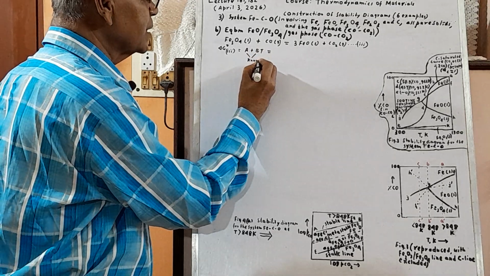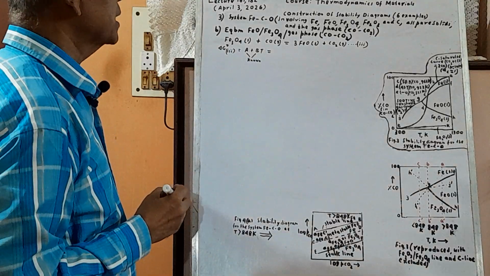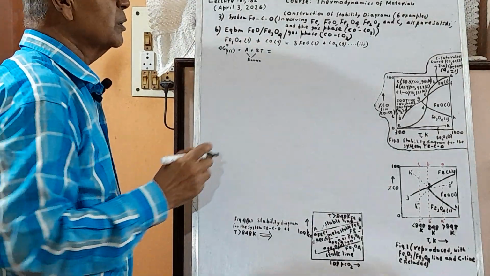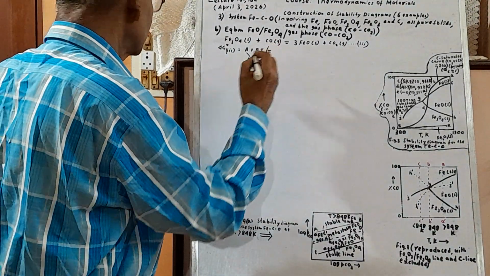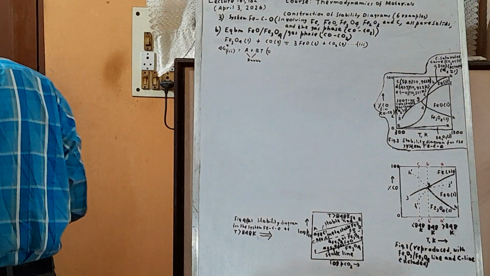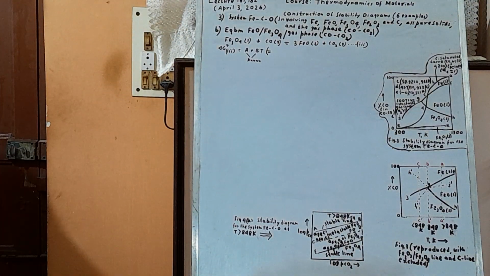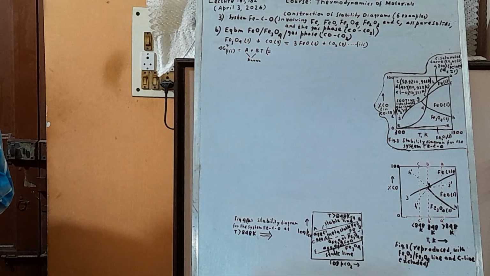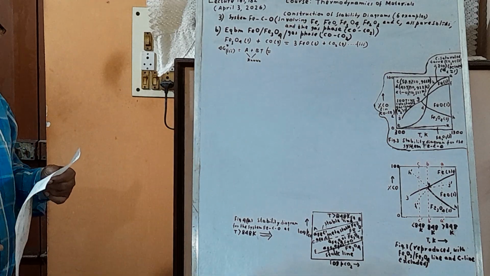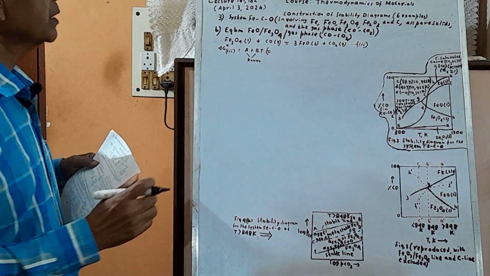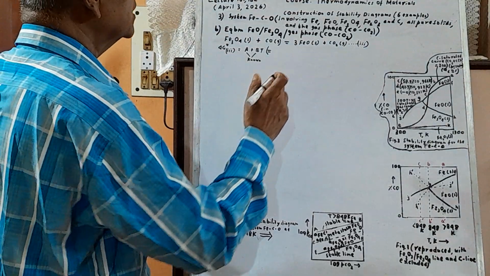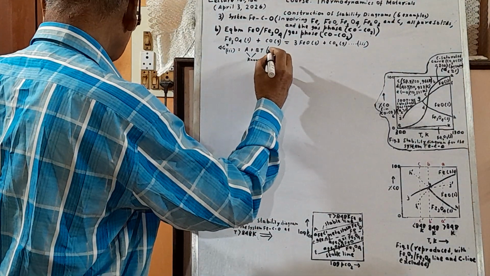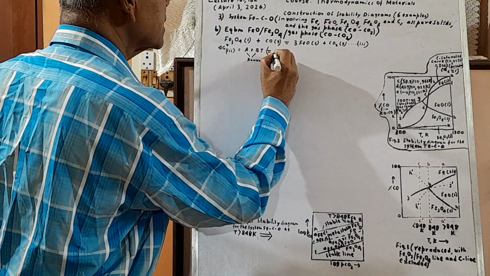A is delta H0 and B is minus delta S0, from the data book. I give you these values because I have them with me. Yes, correct, 3 is okay. A plus BT is what? Its value is 380.